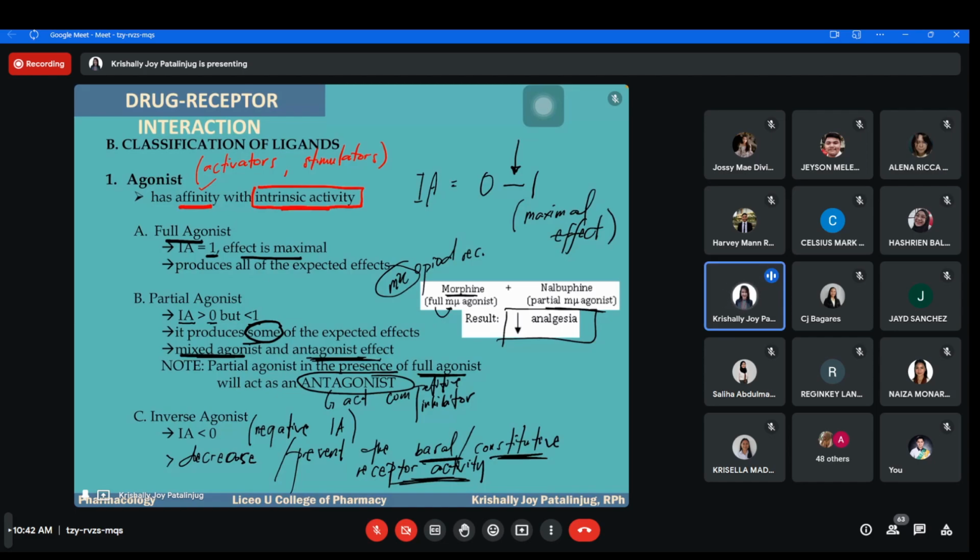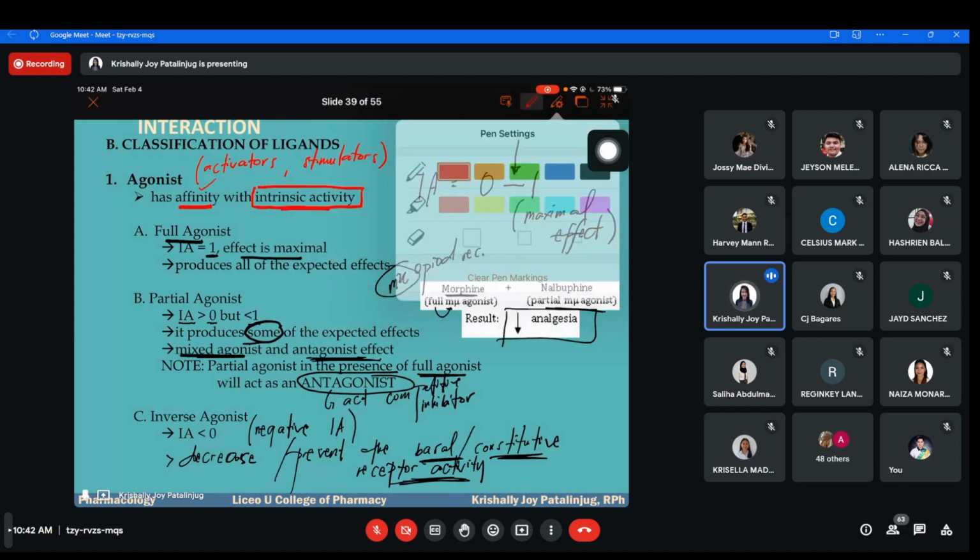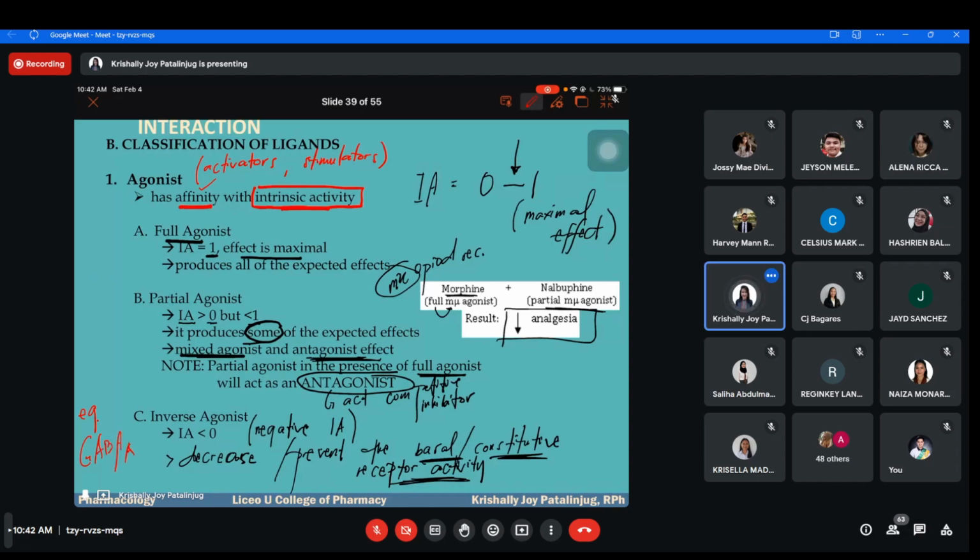Okay, halimbawa, yung GABA receptor, yung GABA A receptor, for example, GABA A, the subtype A receptor. This is an example of a receptor that already exhibits a constitutive property ng receptor or constitutive activity ng receptor na kahit walang mag-bind sa kanya na GABA, gamma-aminobutyric acid na neurotransmitter, an endogenous substance, nagca-carry na siya ng basal lang na activity.